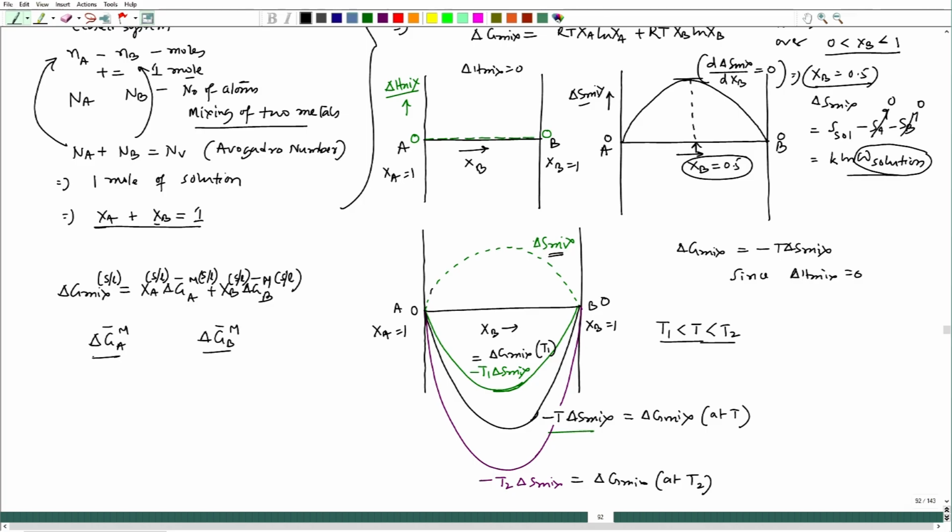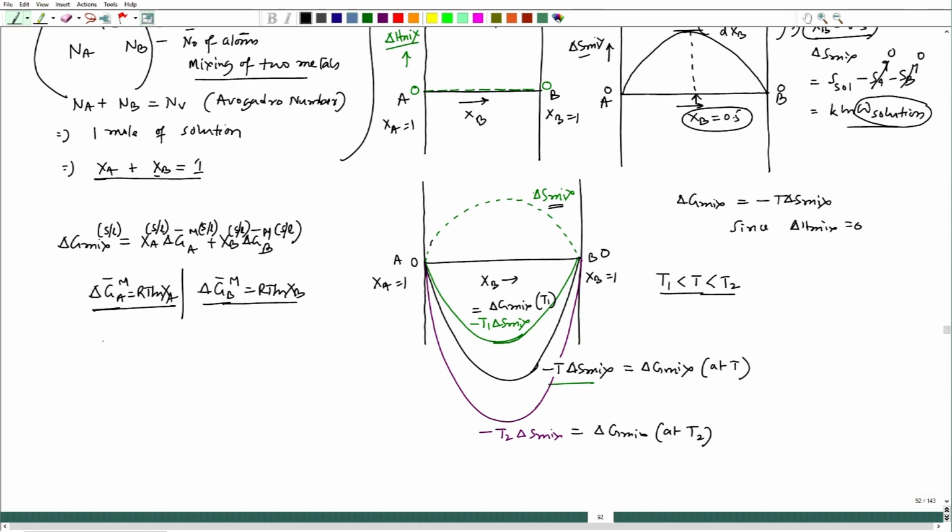These two quantities we can actually find out, and in fact this is nothing but RT ln X A and this is nothing but RT ln X B, but we can actually calculate it if we know simply the delta G mix quantity.